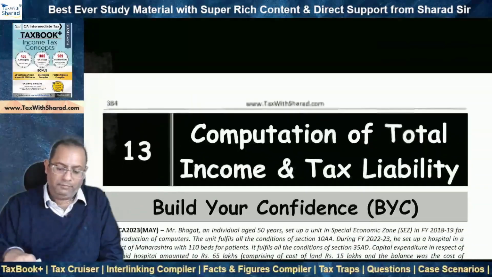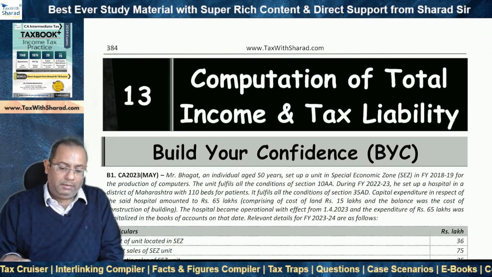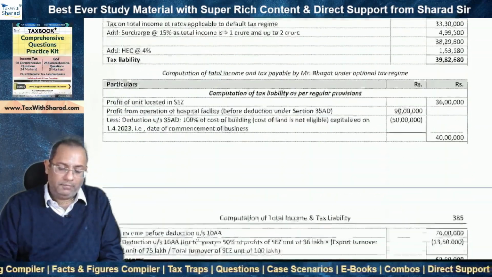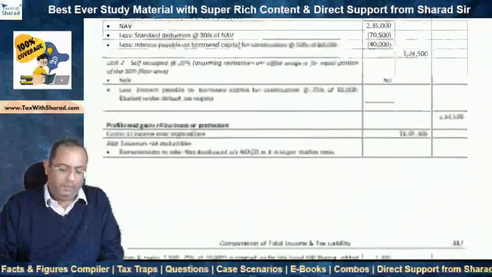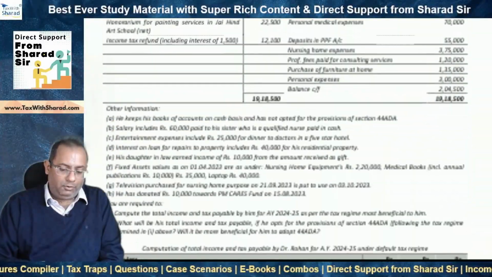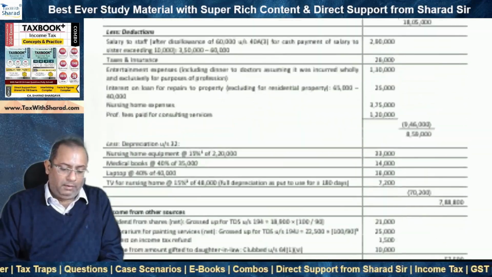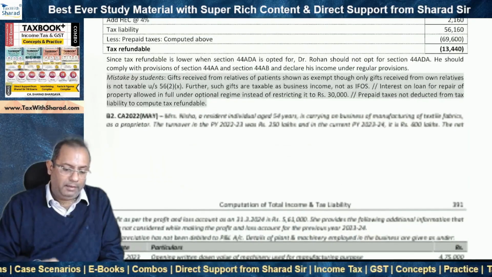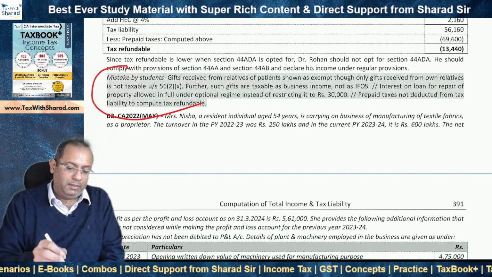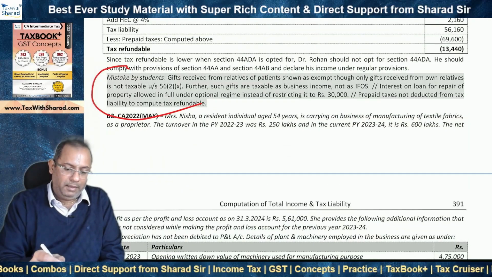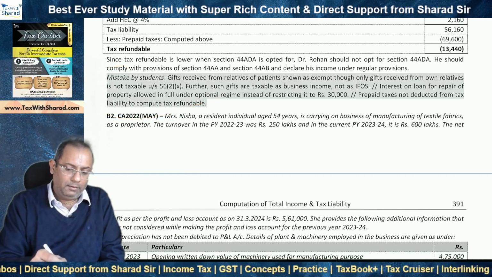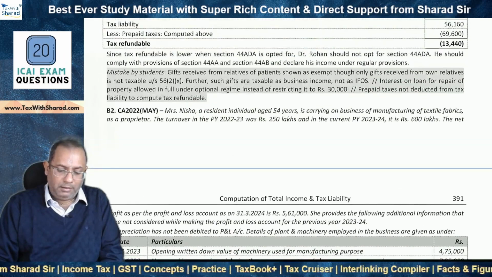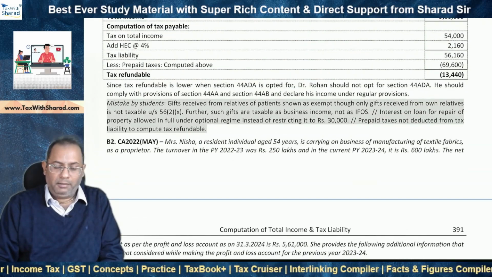For example, in the chapter on computation of total income and tax liability questions, I have given these examiner comments, and you will find these in gray. You will see something like this: mistake by students. Then you will see these comments, and this is something that you will find across the practice book.